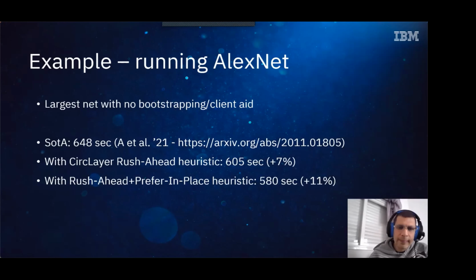This was done in a paper by a team from IBM, and they used HE layers to achieve a better packing for the input ciphertext. With CircLayer, using the rush ahead heuristic, we reduced the running time to 605 seconds. That's an improvement of 7%. And using rush ahead and preferring in place computation, we reduced the running time further to 580 seconds, which is an improvement of 11%.